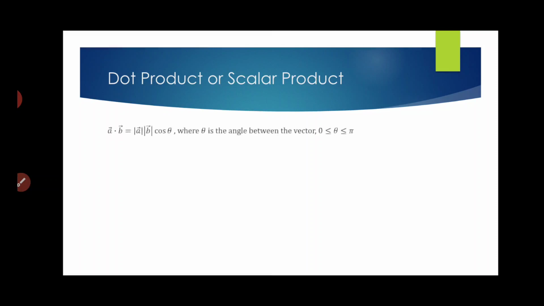So the dot product of A and B is represented by A dot B, and it is defined by mod A mod B cos theta, and this theta is nothing but the angle between the two vectors A and B, and this angle is measured between 0 and pi, that is from 0 degrees to 180 degrees. So we are not taking into consideration any reflex angle.